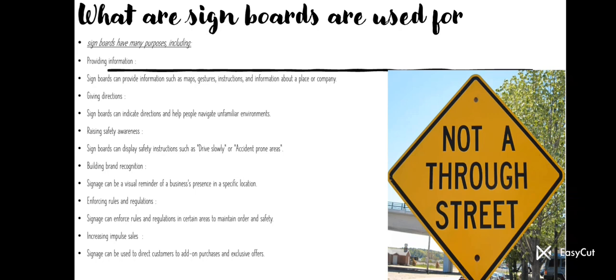And enforcing rules and regulations: signage can enforce rules and regulations in certain areas to maintain order and safety. It is very important. If you neglect any of them, then you are in big trouble. Increasing impulse sales: signage can be used to direct customers to add-on purchases and exclusive offers. This is all about the roads.